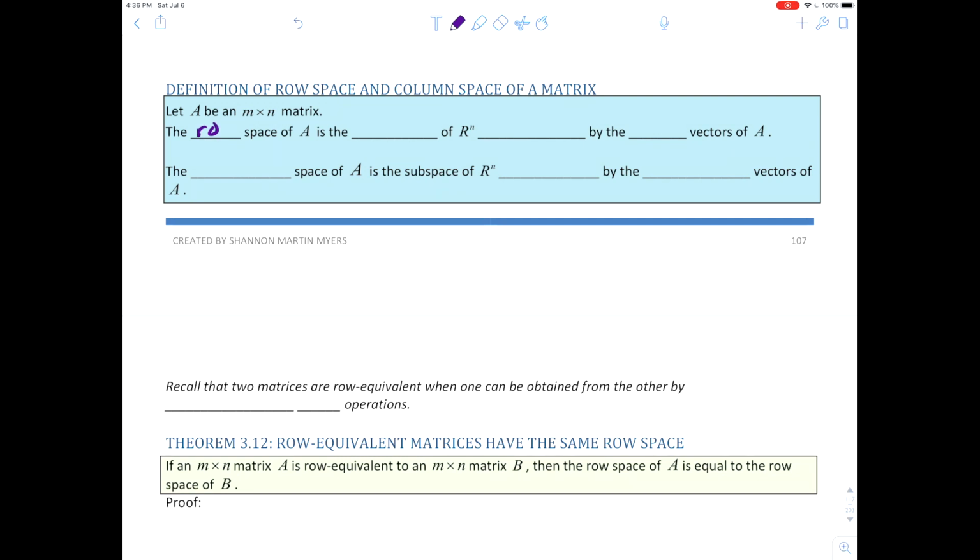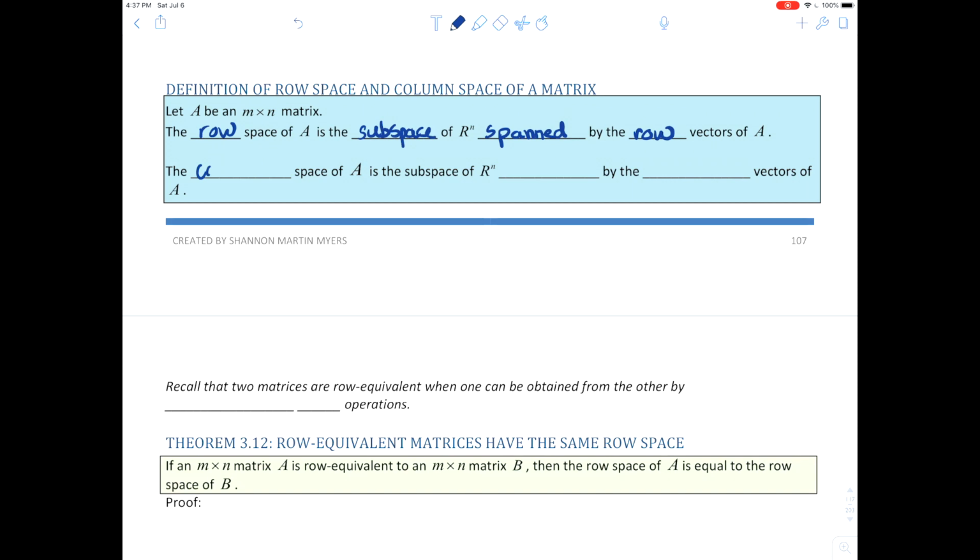The row space of A is the subspace of Rn spanned by the row vectors of A. So remember, if you have an M by N matrix, N represents the number of columns, and so you would have a row vector with N components.